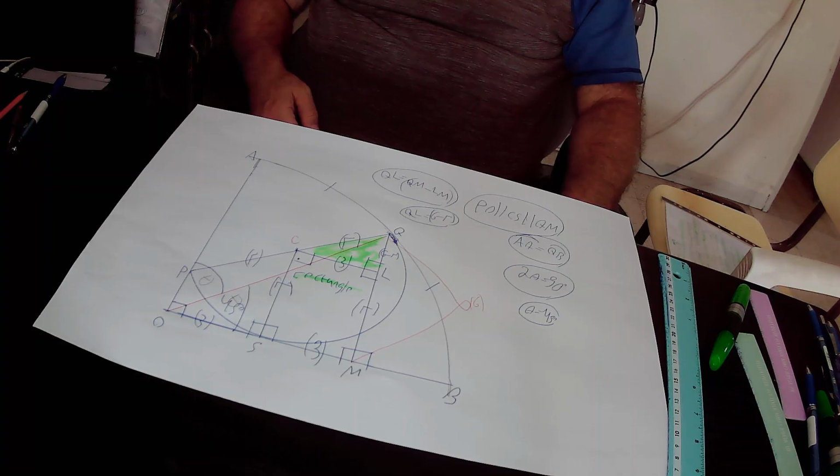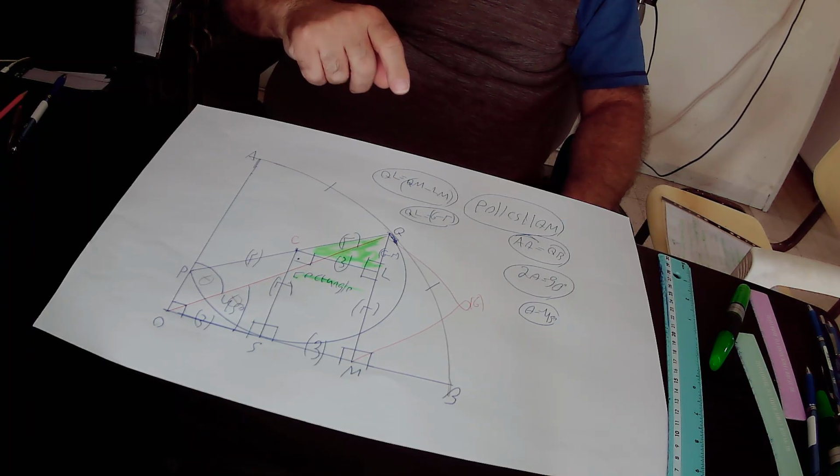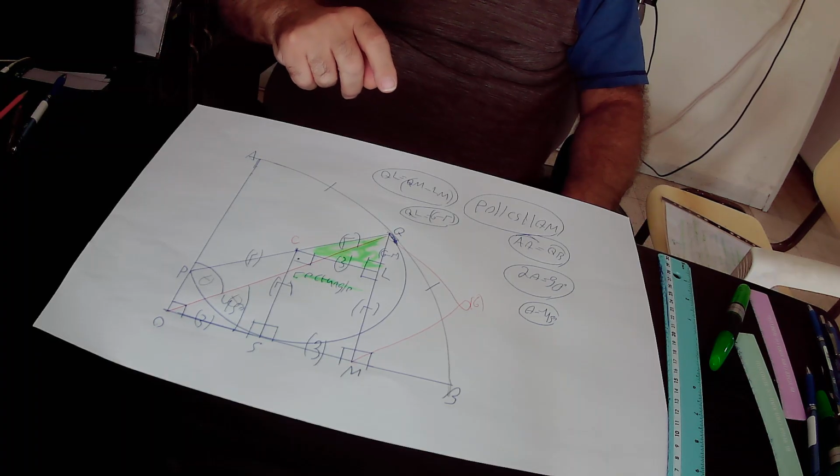If we have three parallel line segments, and there are also two other line segments that connect those three parallel line segments, we can implement Thales's theorem.